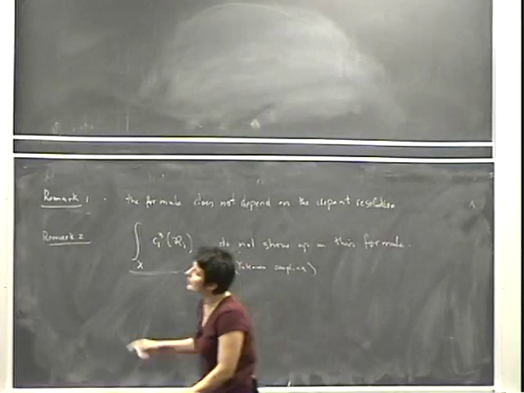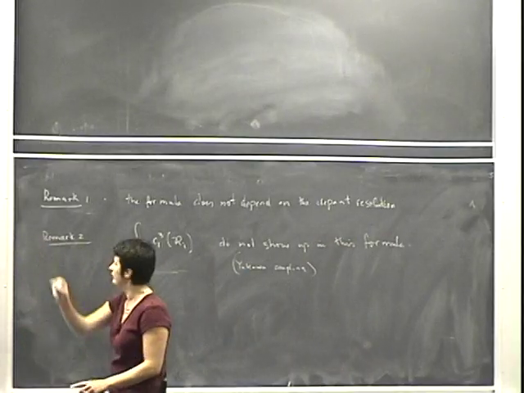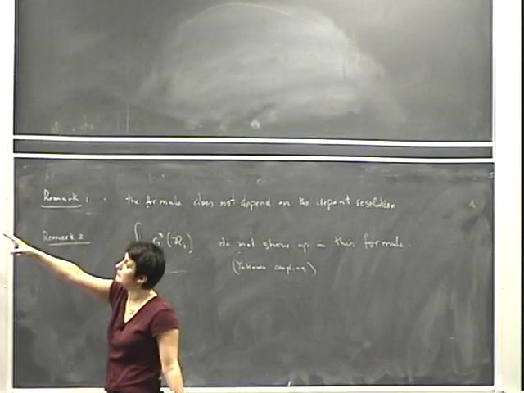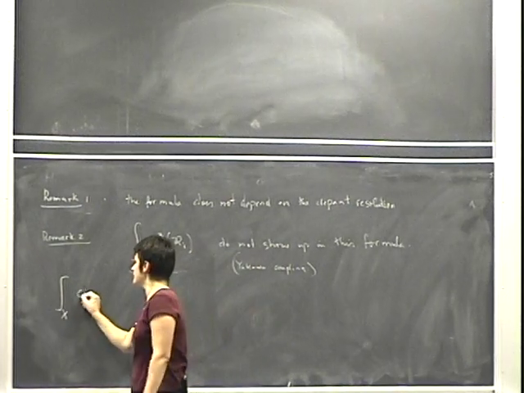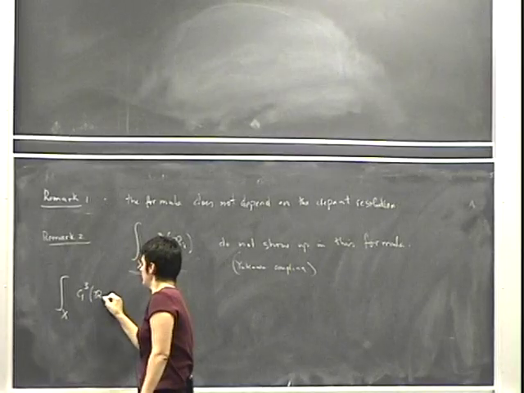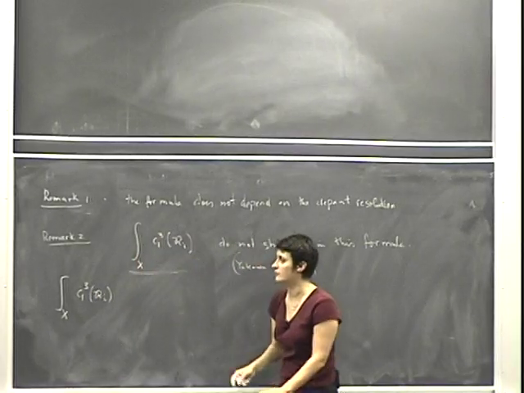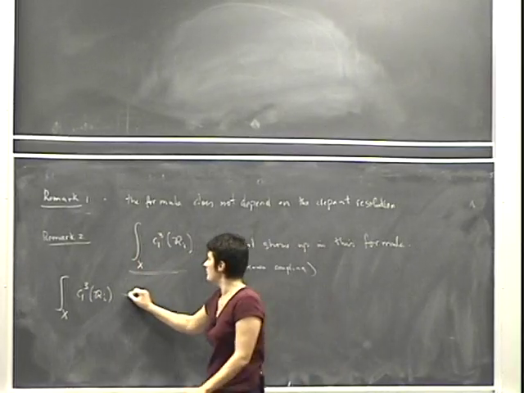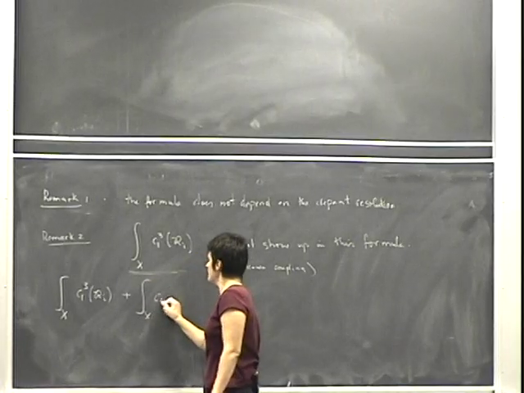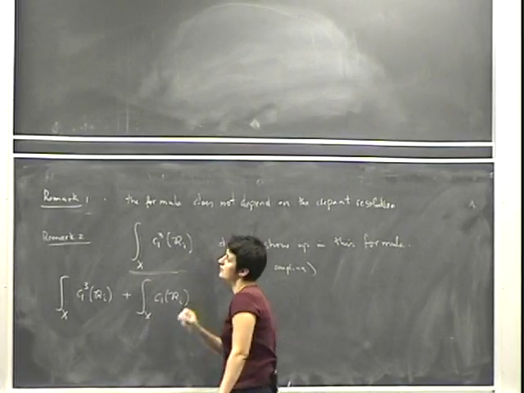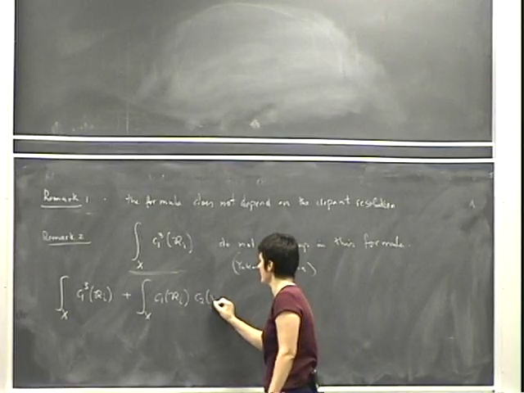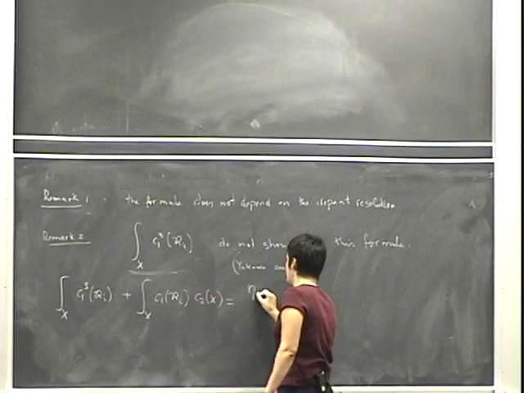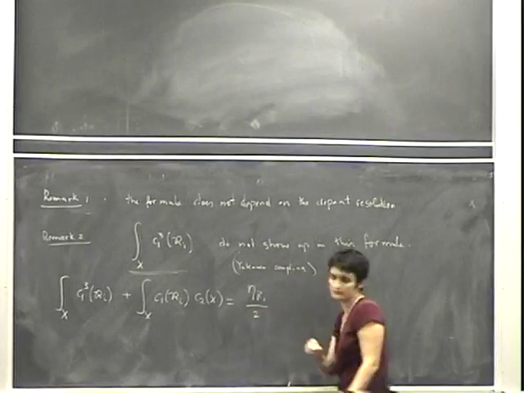you can go back to the index formula and replace our bundle E by Ri. So what you will get is C1 cubed of Ri, up to some constants, plus the integral of C1 of Ri times the first Pontryagin class, which is C2 of X, is equal to eta of Ri over 2.